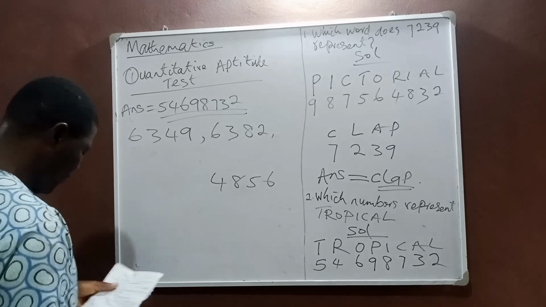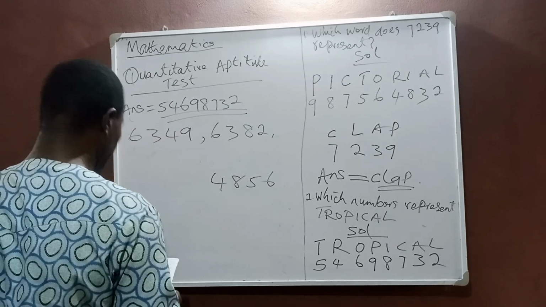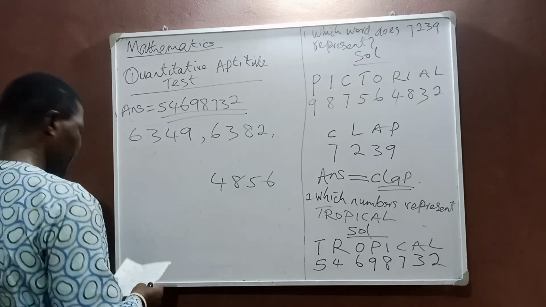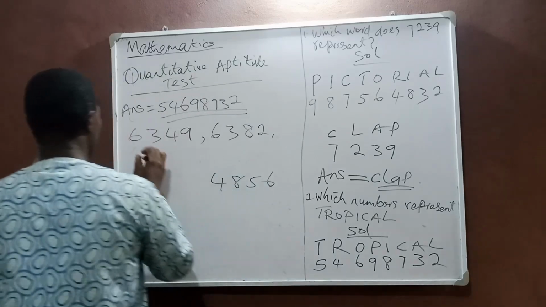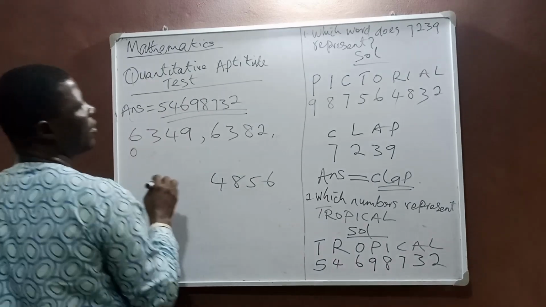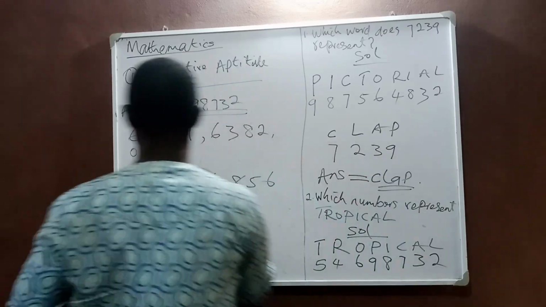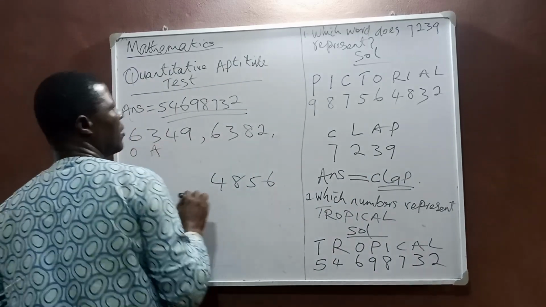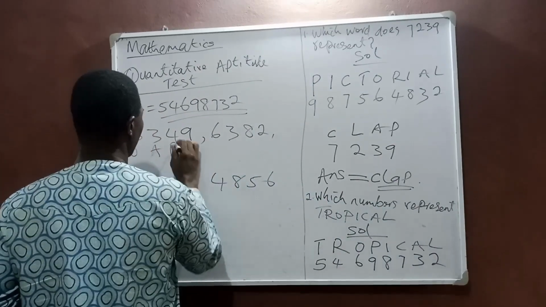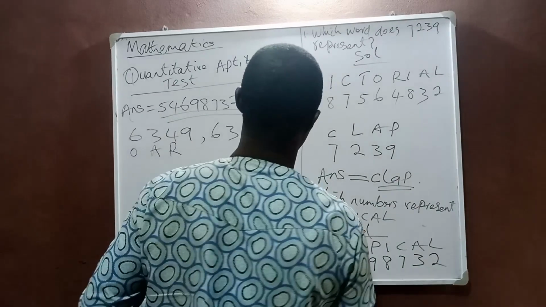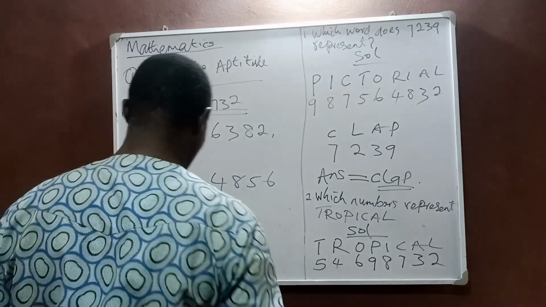If they ask you to find the letters that 6349 stand for, as you come here, under 6 you have O. Then for 3, you have A. Then for 4, you have R. And for 9, you have P. This is the word you are going to have.